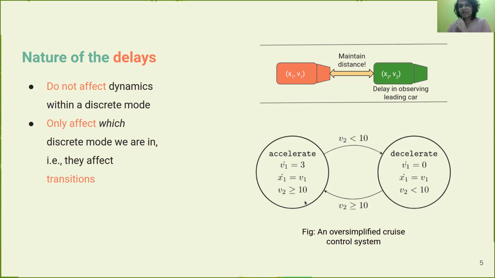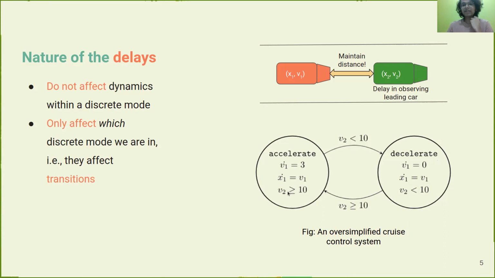We are just trying to play around with the hybrid automaton model itself. It doesn't matter whether the system is eventually safe or not in the strict sense. But anyway, in this hybrid automaton model, we have two locations, accelerate and decelerate. This is the hybrid automaton model we saw a bit earlier.